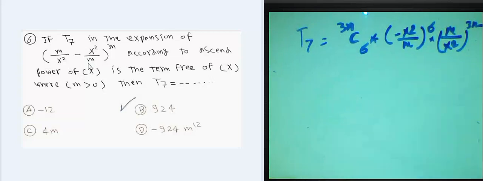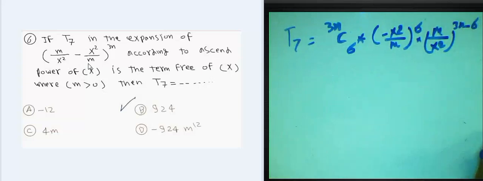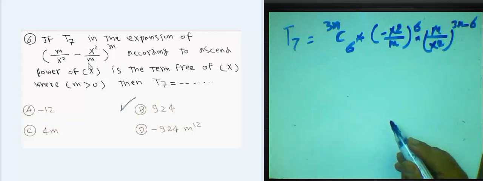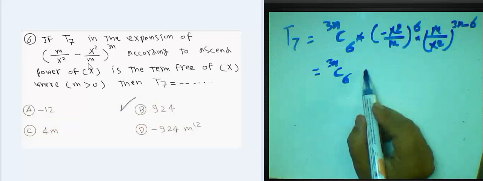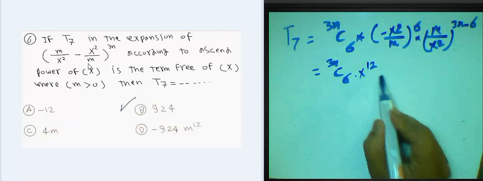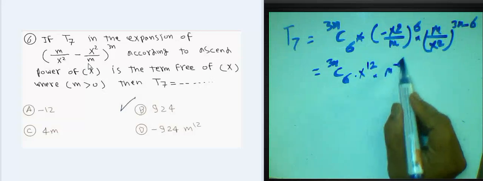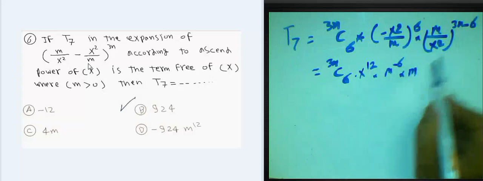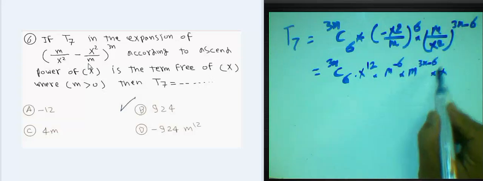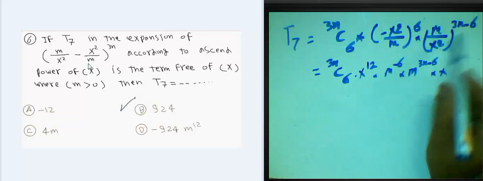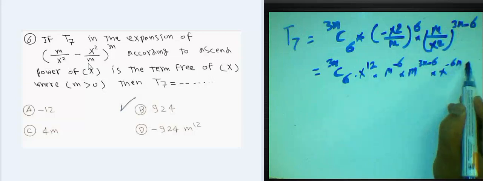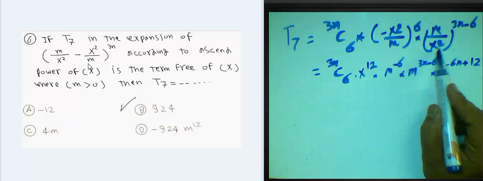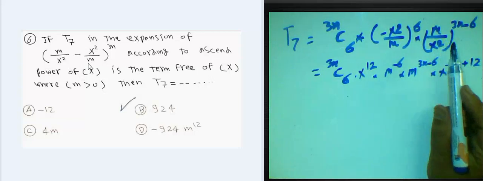We simplify this to find the term free of x. 3n combination 6, negative to the power 6 becomes positive, and x squared to the power 6 gives x to the power 12, multiplied by m to the power negative 6, multiplied by m to the power 3n minus 6, multiplied by x to the power negative 2 times (3n minus 6), because we write the denominator term in the numerator and change the sign of the power.